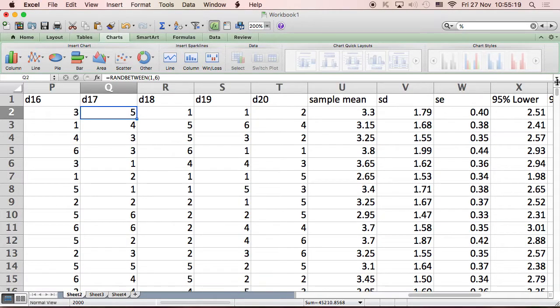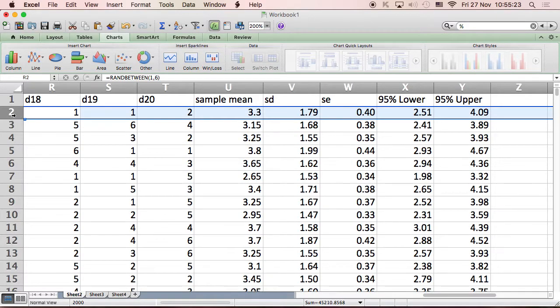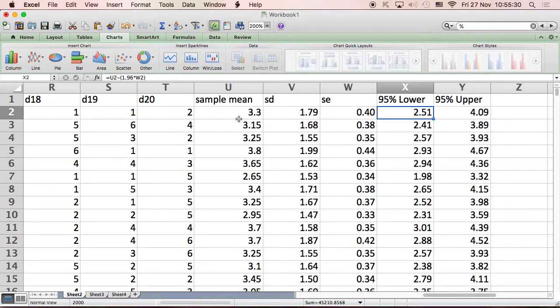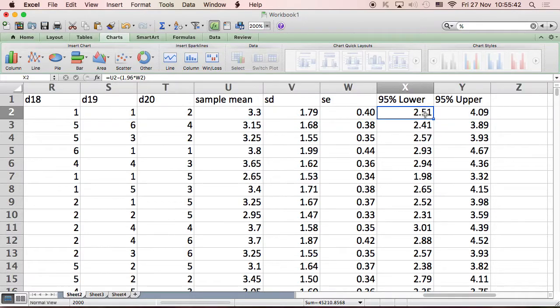So when we only have one row of data, meaning we only do one survey, and then we do the calculation of the sample mean and also the 95% confidence interval, like 2.31 to 4.09, we are 95% confident that the population mean is actually in that range.